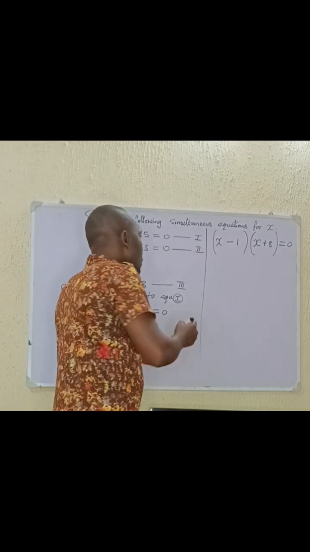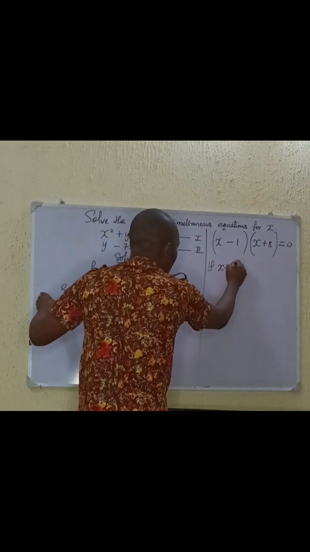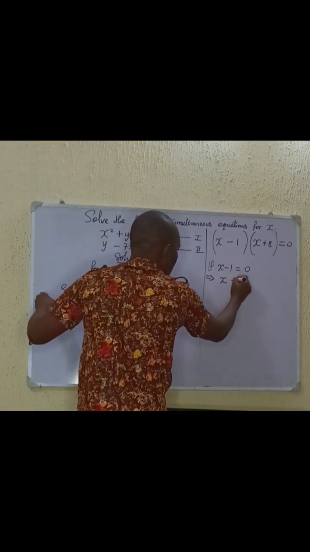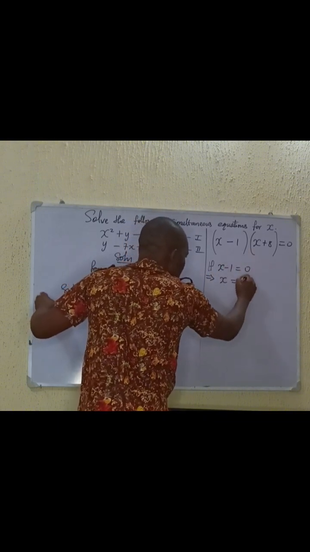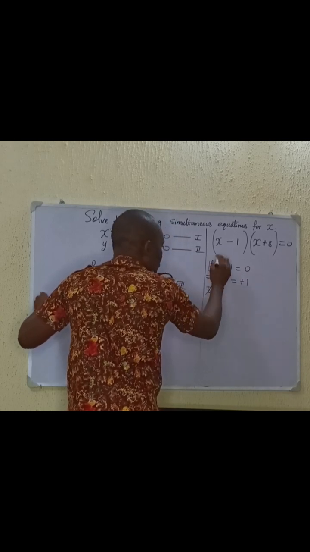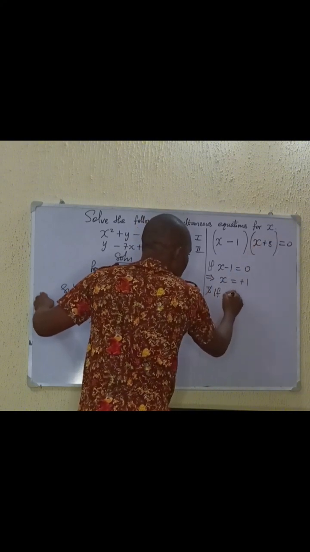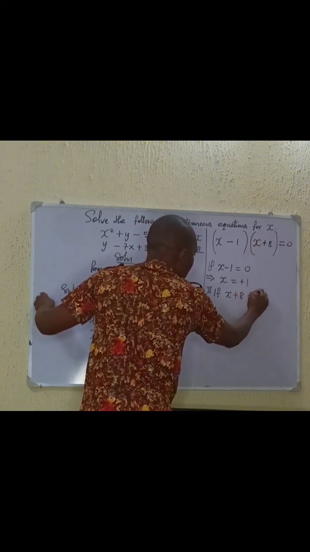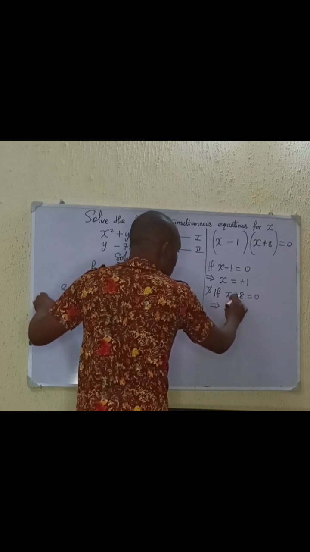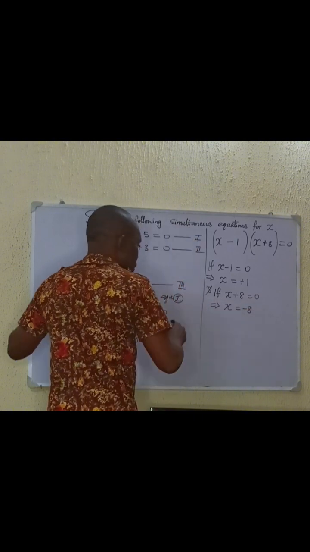If you understand that, then from here we have that if x minus 1 is equal to 0, this implies that x will now be equal to plus 1, this minus 1 crossing over becomes plus 1. And if x plus 8 is equal to 0, this implies that x will now be equal to minus 8, the plus 8 crossing over becomes minus 8.